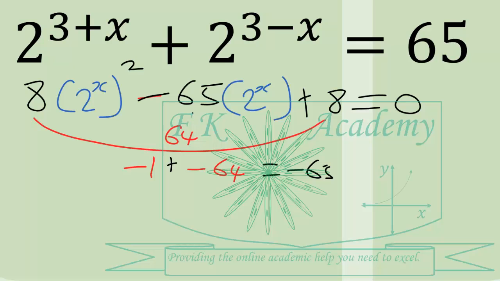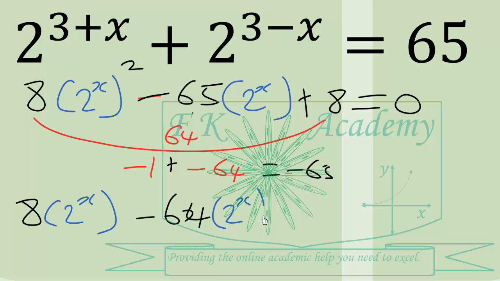So the whole thing becomes like 8 times 2^x minus 64 times 2^x, then we have minus 1 times 2^x, then we have plus 8 is equal to 0.